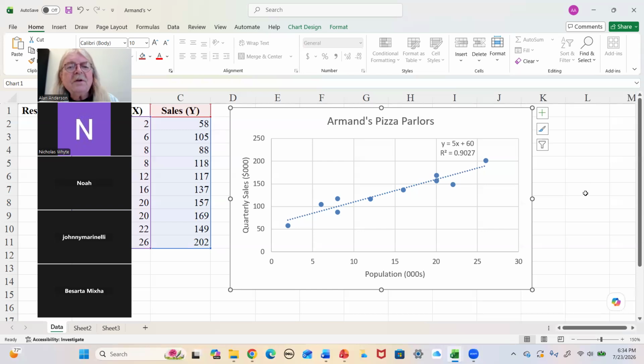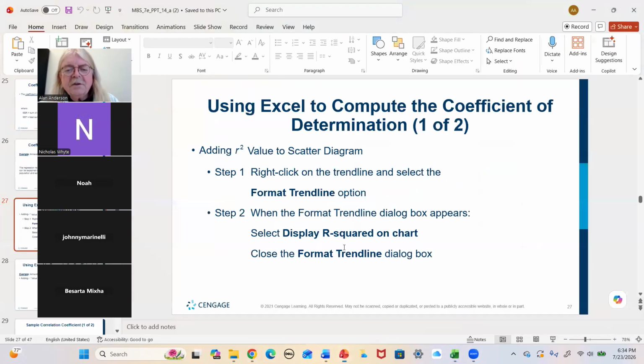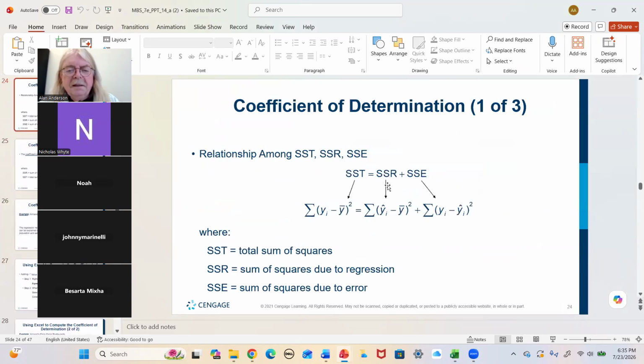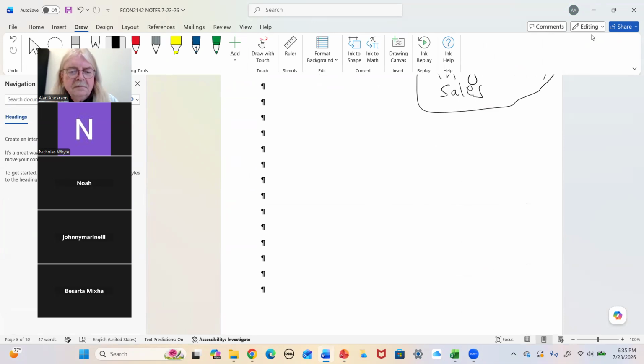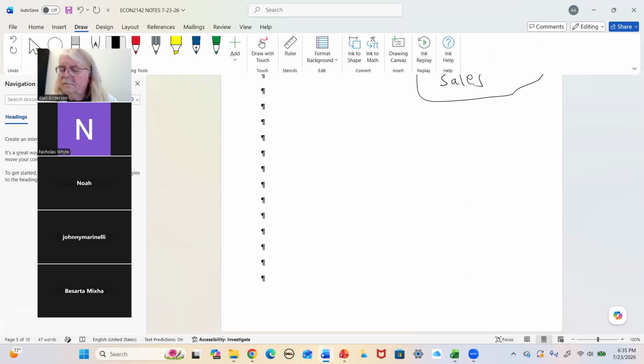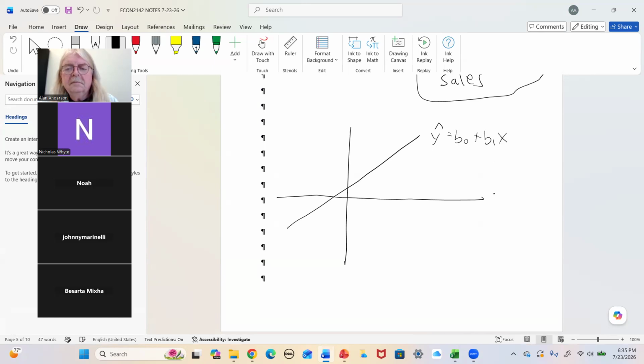Now they want to explain to us where this R squared comes from, but in order to make this make sense, we're going to need to draw another diagram. So for this, they're adding one more element to it.